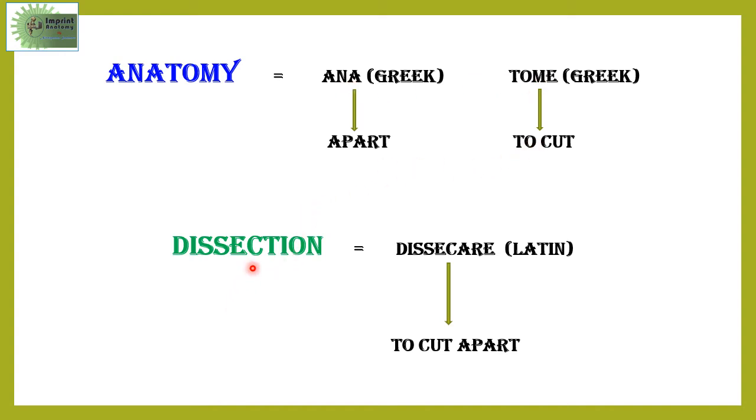That means by cutting a body or a cadaver, we are going to learn anatomy. What do you mean by dissection? This word derives from the Latin dissecere, which again means to cut apart.